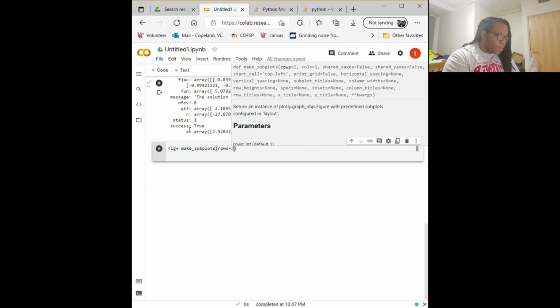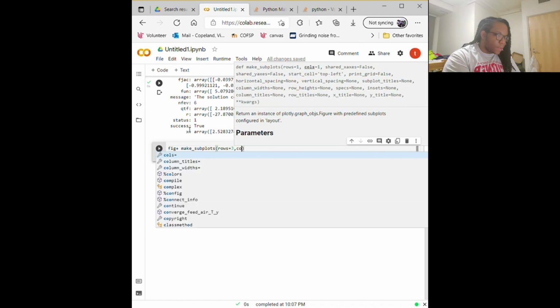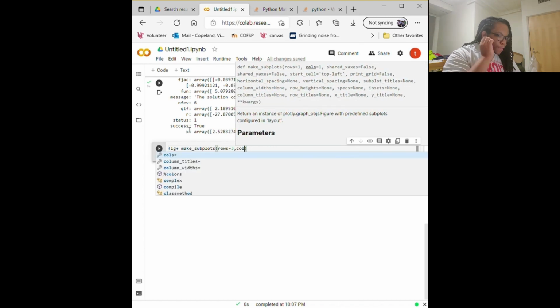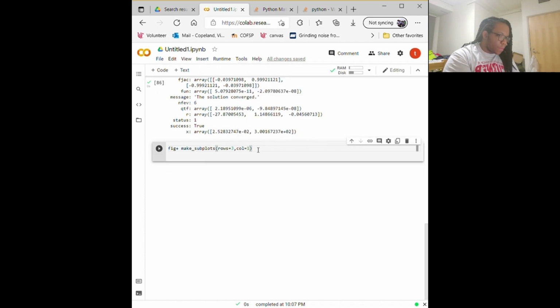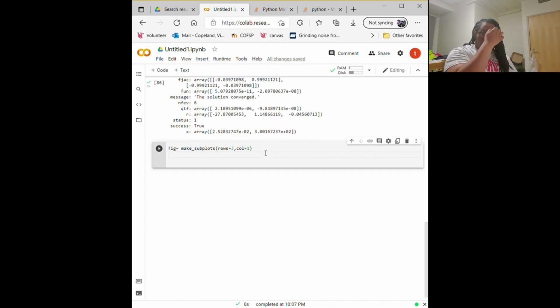And our columns are equal to 1. And then we're gonna start off with our first line. So this one is gonna be for the change in y, the change in the mole fraction of water.